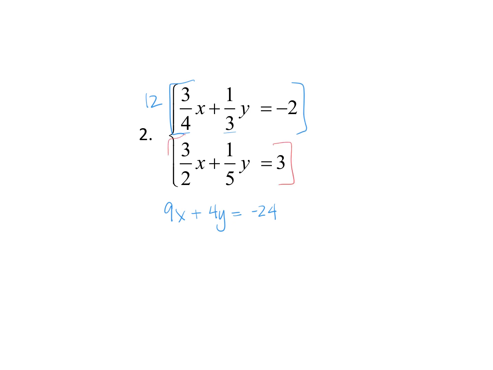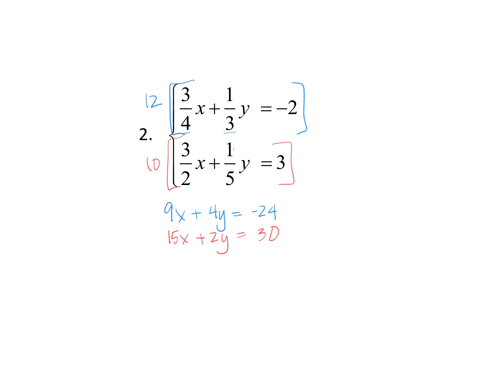This second equation, what would be my least common multiple of 2 and 5 would be a 10. So if I do that, then I've got 30 over 2, which is 15x, 10 over 5, which is 2y, equals 30.